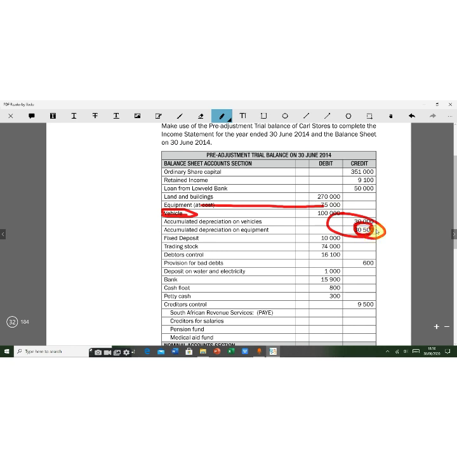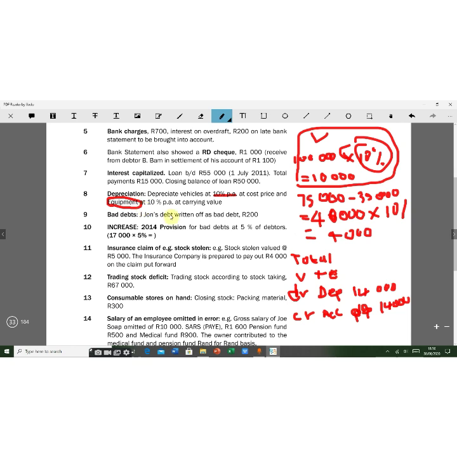I hope you can see it here. This is the accumulated depreciation on equipment. Because we are using the carrying value method, the carrying value method says cost minus accumulated depreciation times the percentage. So your cost was 75,000, you minus the 35,000, you get your 40,000. Then you multiply by your percentage, which is 10% here. Then this is your depreciation, which is 4,000.